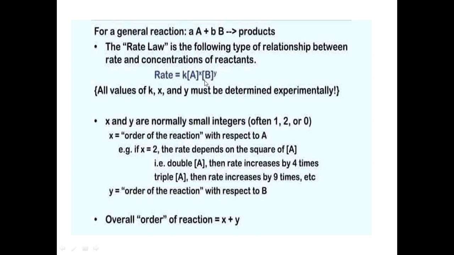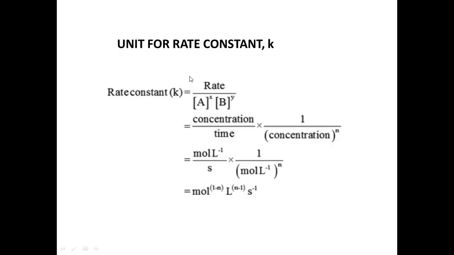So just divide both sides by the concentration of A and that of B. So you get the constant equal to the rate over the concentrations of A and B. Simplifying, the rate is equivalent to concentration over time. Then these are the concentrations with their respective orders. The N represents the overall order of this reaction.